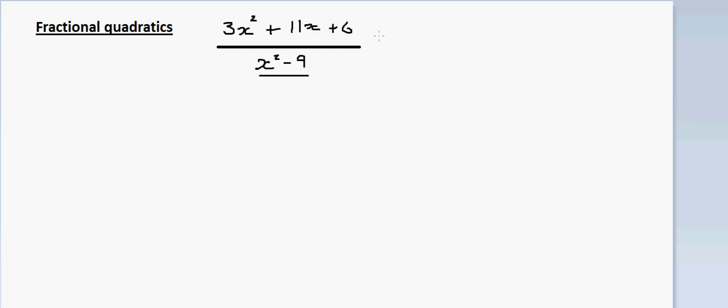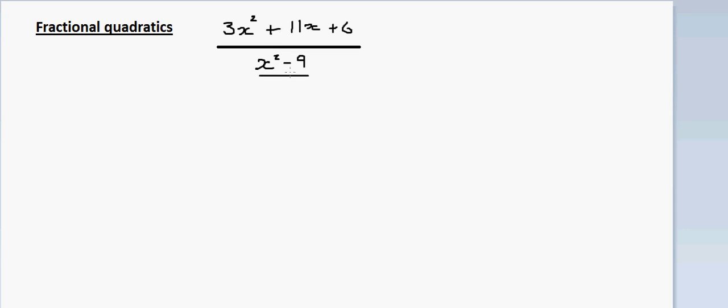Now it must cancel down, otherwise it would be a pointless question. So we know that one of the factors of this equation is going to cancel with one of the factors of this equation. Okay, so first thing we need to do is we need to factorize both these equations.